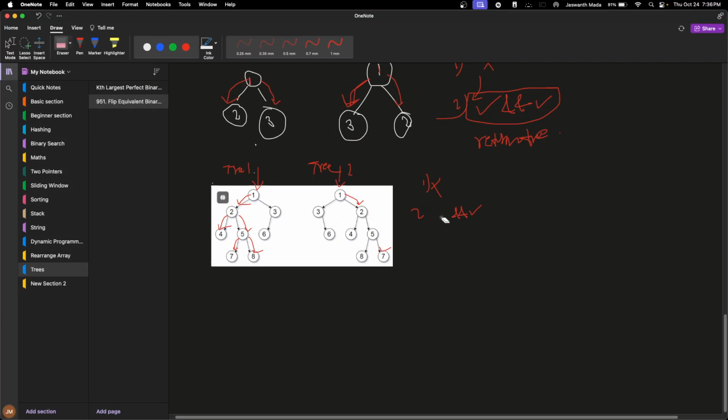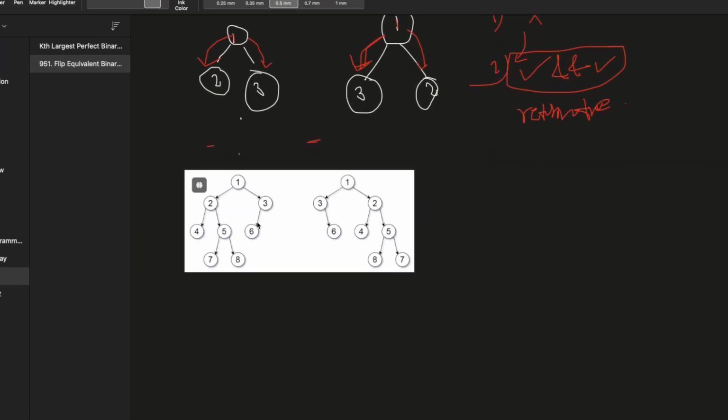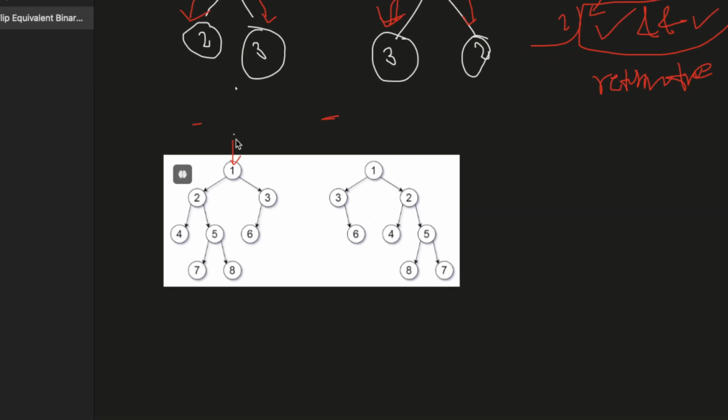Let's look at this big example in order to get a clear idea of what's going on. So let's say this is our tree 1 and let's say this is our tree 2. In this case, we have two conditions, 1 and 2.